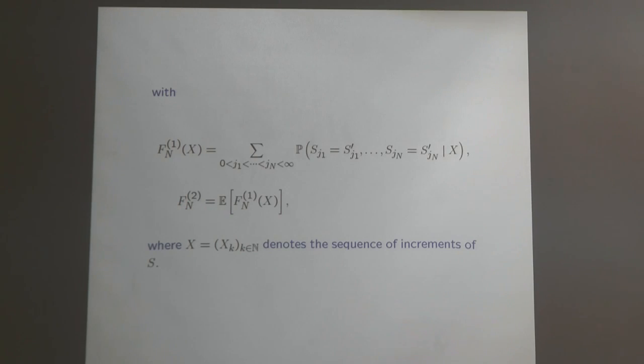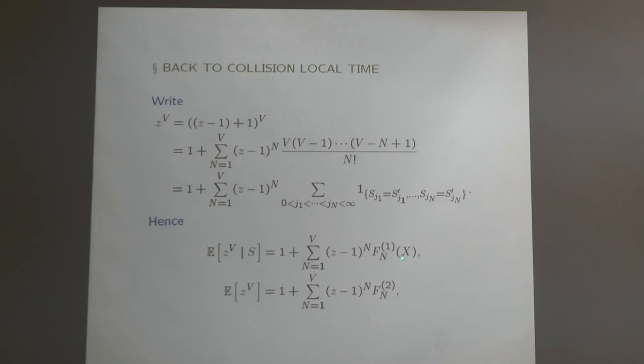What is that? Why is the V on the right side? V is random. V is the number in the previous. Yeah. V is the number of collisions of both, and I can ask what is its probability distribution over the joint law of S and S prime, or over the law of S prime when I fix S. In the formula of the summation, it's going up to where?